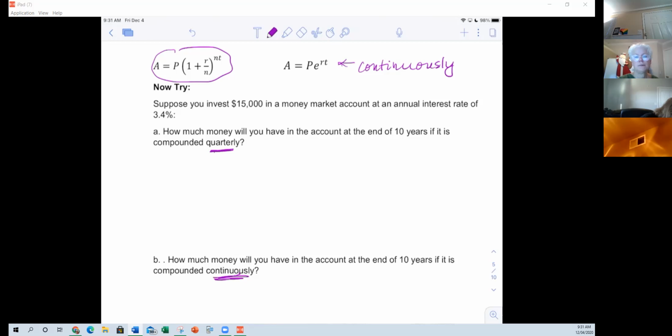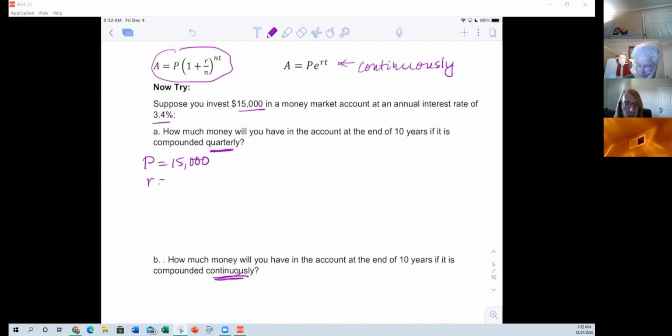Okay, so see if you guys agree with me on this one. What I always do is I start out by defining my variables. So you're investing 15,000, so that's my P. An annual interest rate of 3.4%.